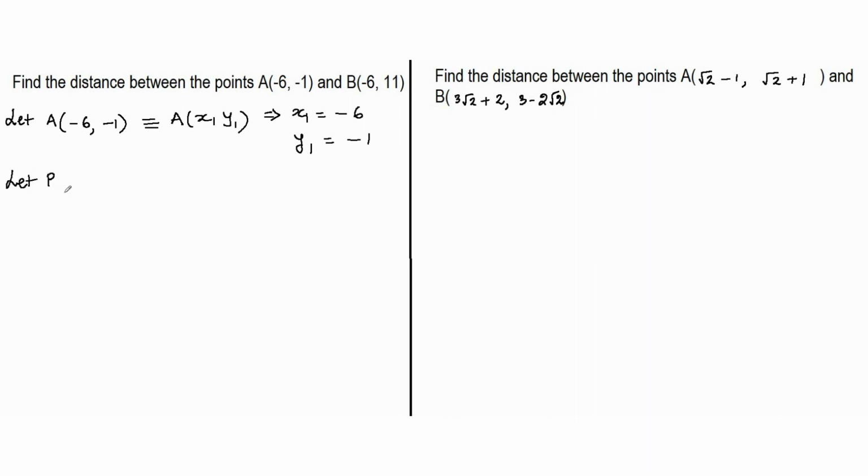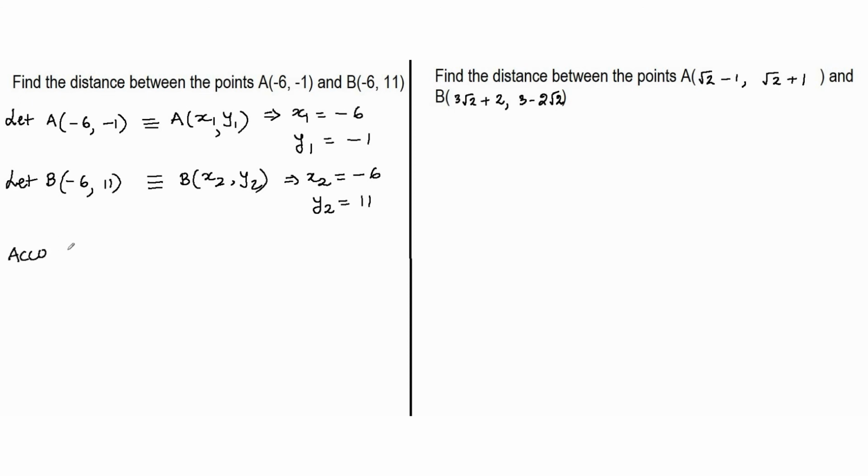Similarly, let B of -6, 11 correspond to B of x2, y2, which means that x2 is equal to -6 and y2 is equal to 11.